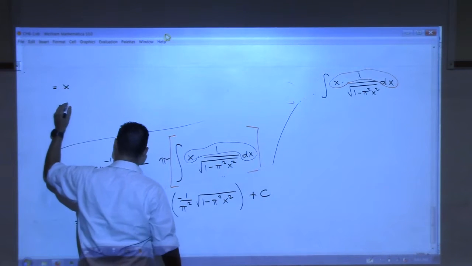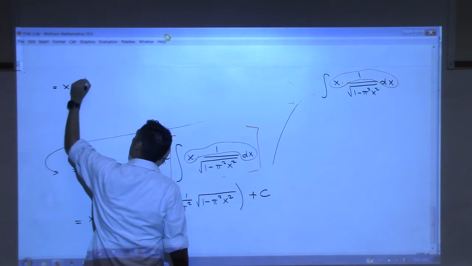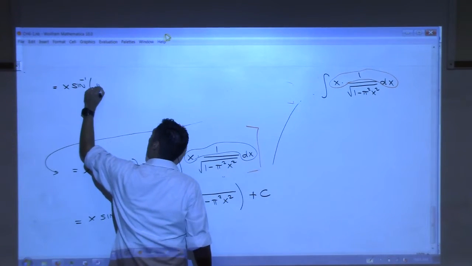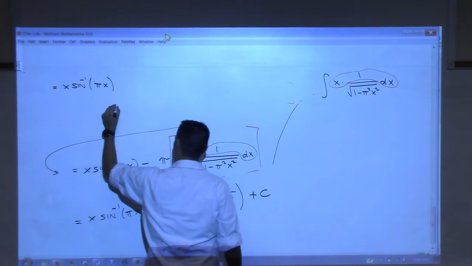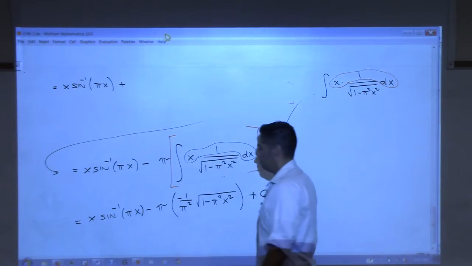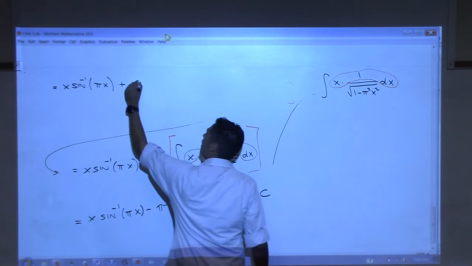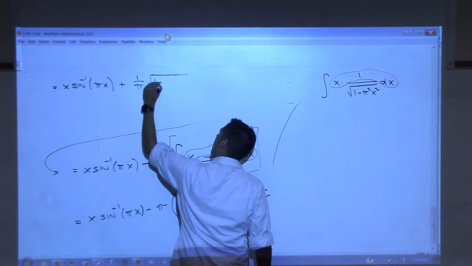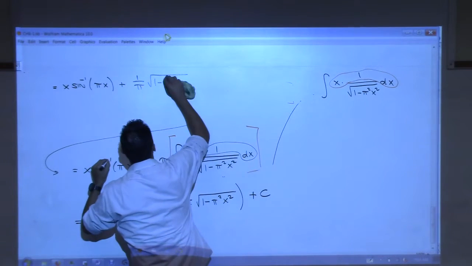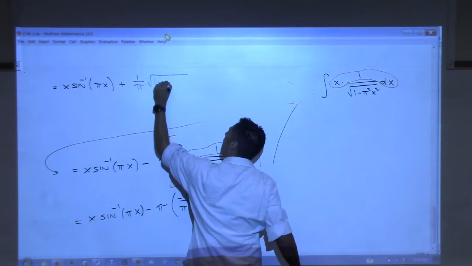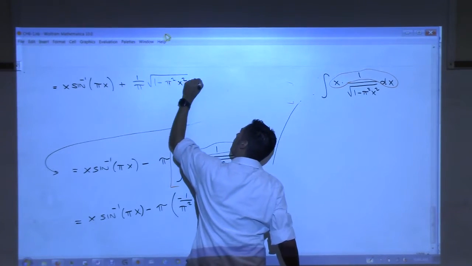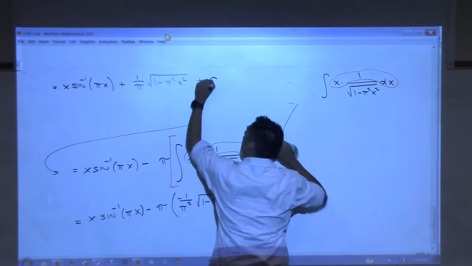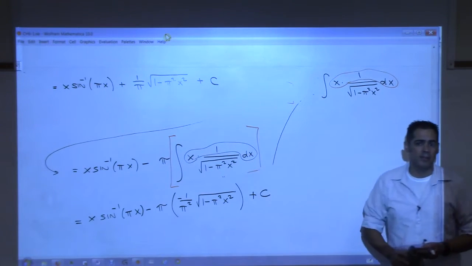Equals x arcsine of pi x plus 1 over pi root 1 minus pi squared x squared plus c. Wow, okay, there it is.